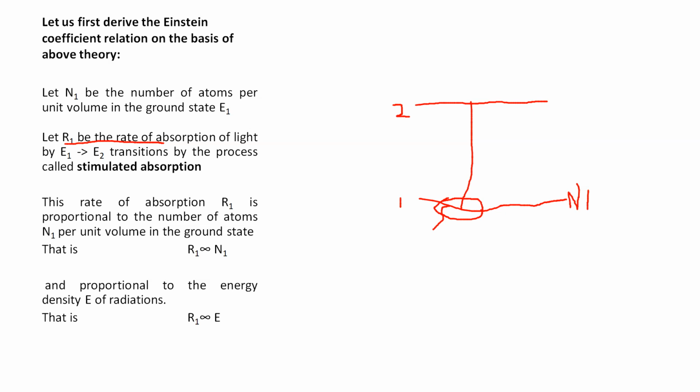Now R1, that is the rate of absorption, will be proportional to the number of atoms per unit volume in the ground state E1. The more atoms per unit volume, the more will be the possibility of the rate of absorption. The more energy provided to the ground state electrons, the more will be the possibility of R1. So R1 will be proportional to the energy density, that is energy per unit volume of radiation.